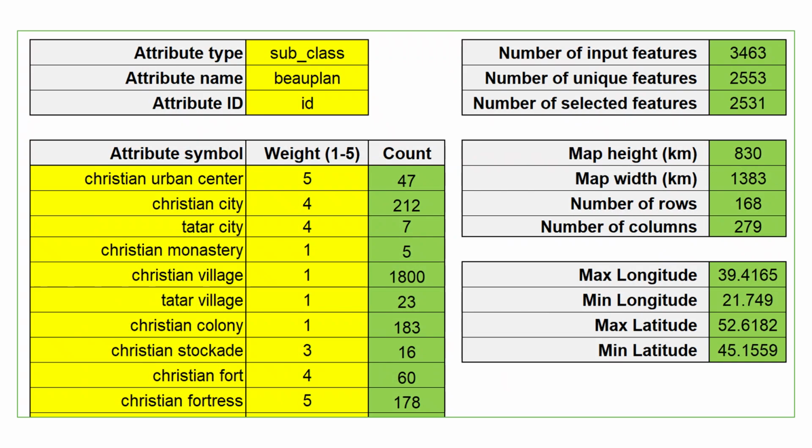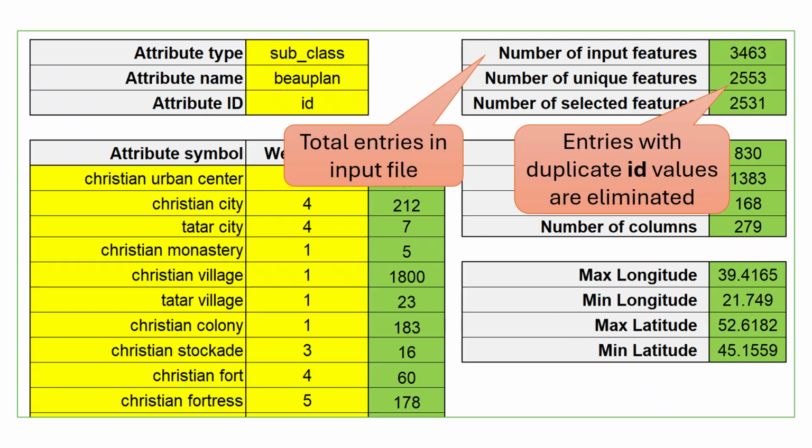The Heat Map GIS app takes care of this by automatically deleting entries with duplicate ID values. So for this example, the input file has 3,463 entries, but only 2,553 unique entries, indicating that about 900 duplicate entries were eliminated.